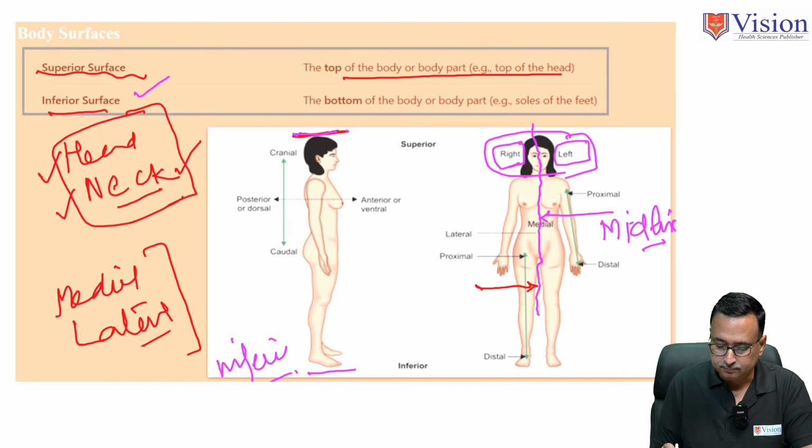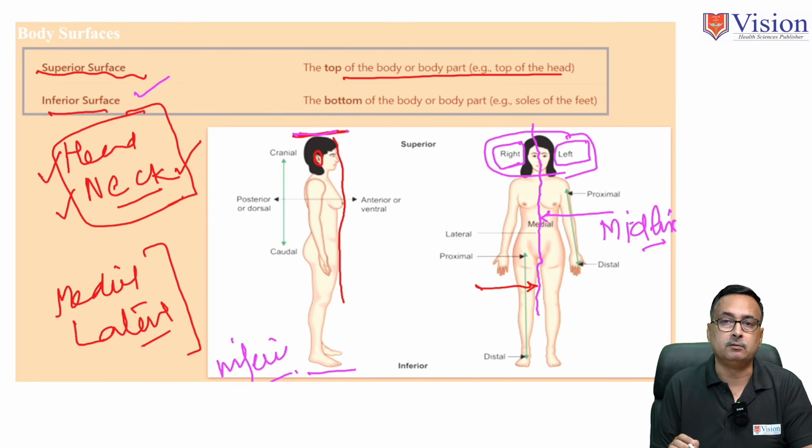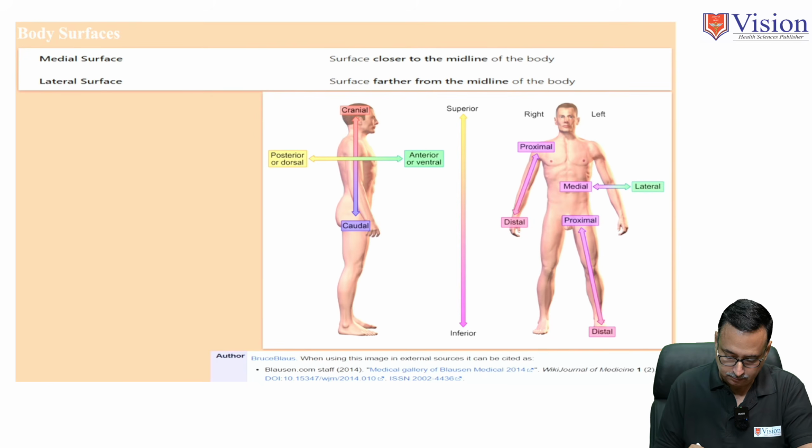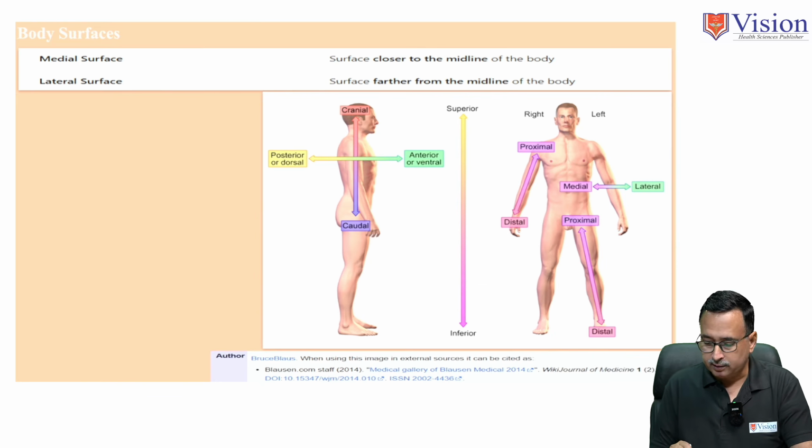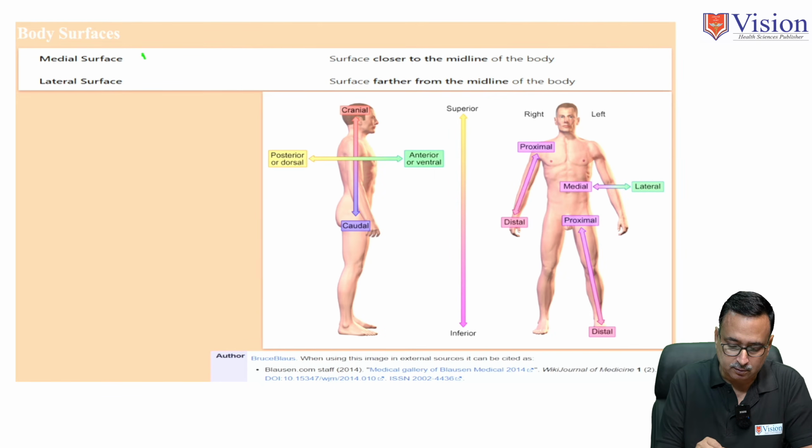For example, ears are away from the midline and are said to be laterally positioned, whereas the nose through which midline passes is said to be on the medial surface. Again, these diagrams depict the explanation of medial surface and lateral surface.